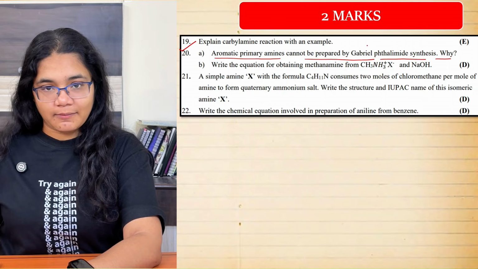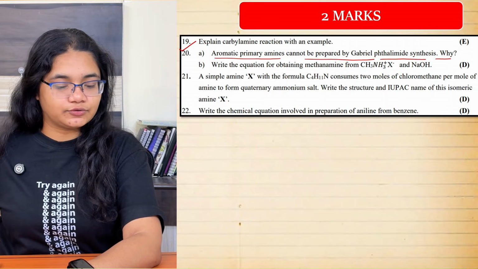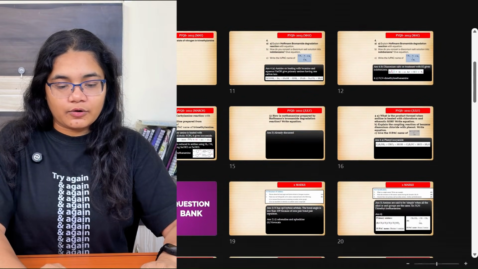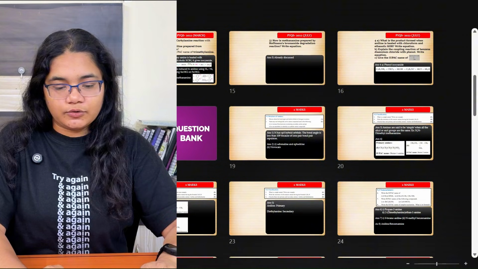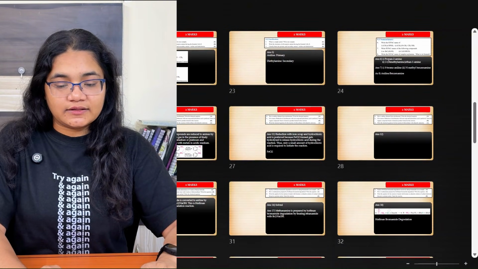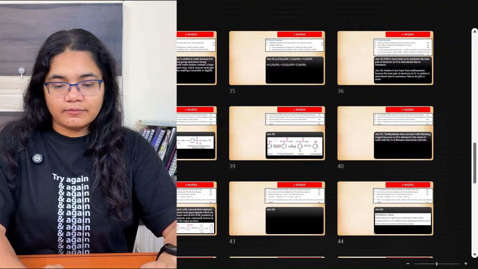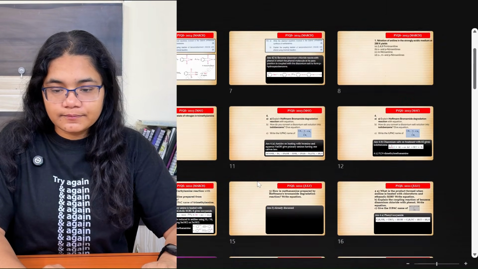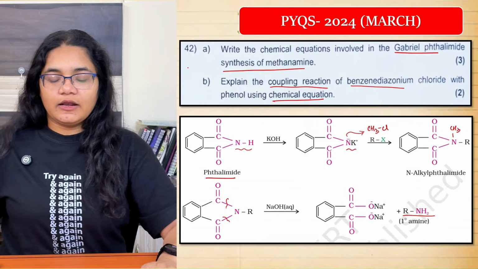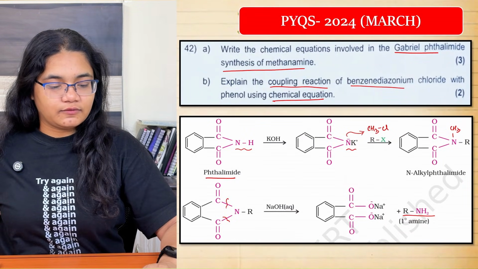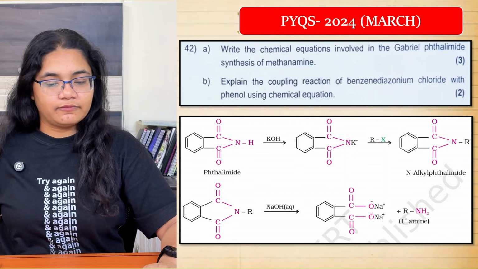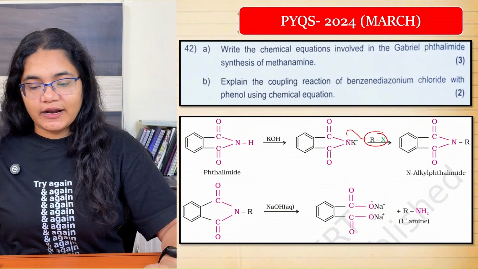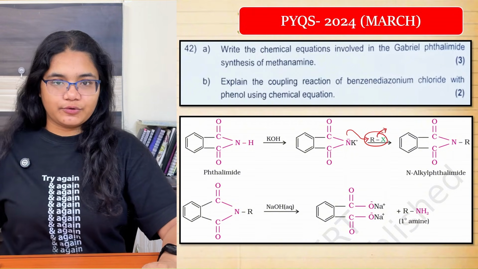Now if you remember the Gabriel phthalimide method, I'll just go back to the question where we discussed it, so that I can explain exactly why we cannot use aryl amine. Just give me 1 second. Where is that question? Yeah, you can see here. Now see, I'll just clear the screen so that you will be able to understand it better. See what happens: this RX group is there, this nitrogen attacks this R and the X group moves out, right?